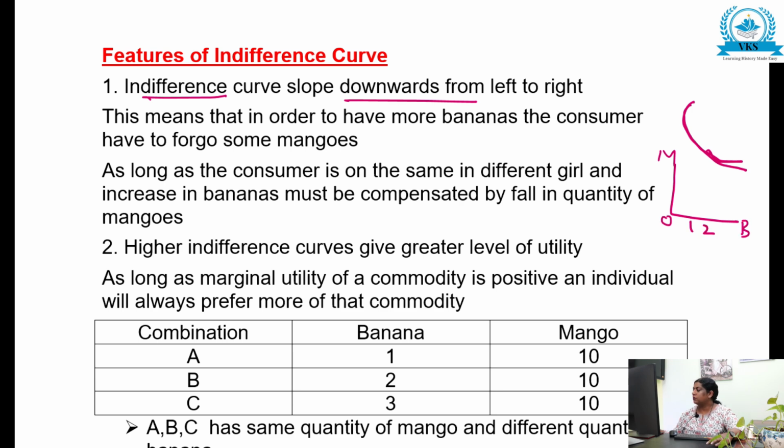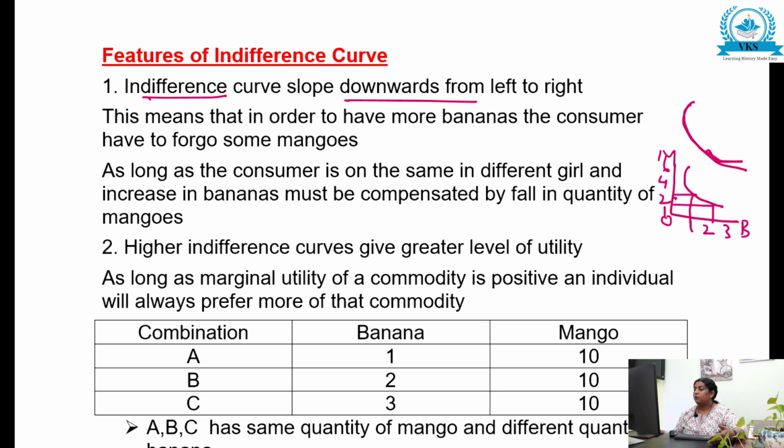So here 1, 2, 3 and here 2, 4 and here 6. So if a consumer is having 2 bananas, imagine, if this is the indifference curve, they will have 1 mango. If they have to have more bananas, the consumer has to forego some mangoes. That is, if bananas are more in number, then the number of mangoes will reduce.